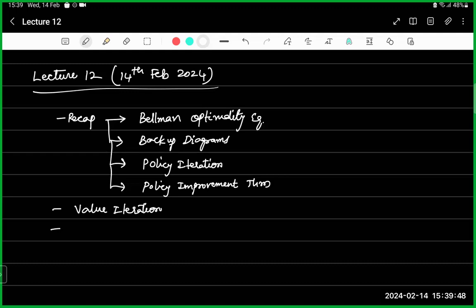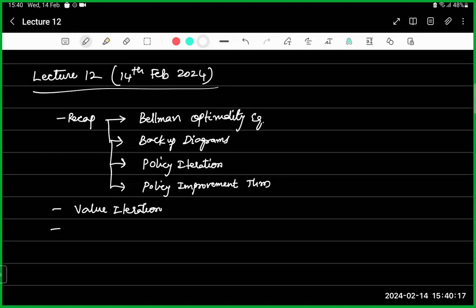You start with some arbitrary policy pi naught, then you evaluate that policy, then you improve it. So there is a policy evaluation step and then a policy improvement step. In the last class, we showed that the policy improvement step will actually improve the policy. We haven't discussed how we are going to evaluate the policy.